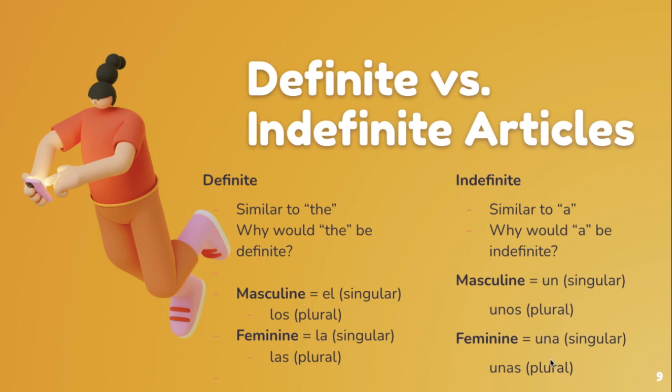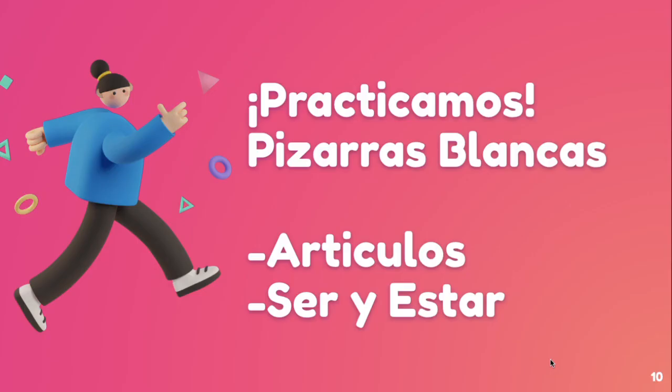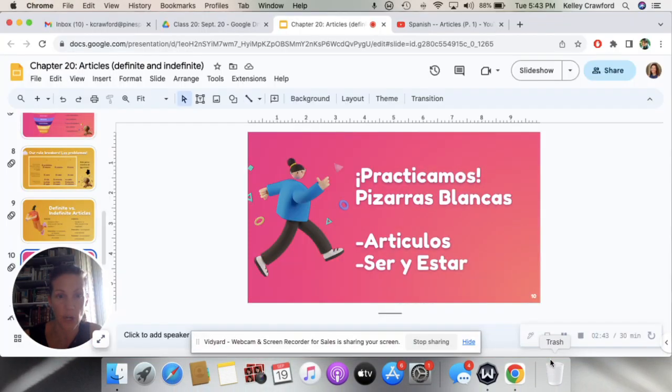Okay? Let's practicamos. Your sub is going to hand out to you an entire worksheet on all of your definite and indefinite articles. I want you to work on that. Remember, use these notes so you know specifically: is it masculine? Is it feminine? Is it singular? Is it plural? Those two questions are going to get you to using el, la, or using los or las.